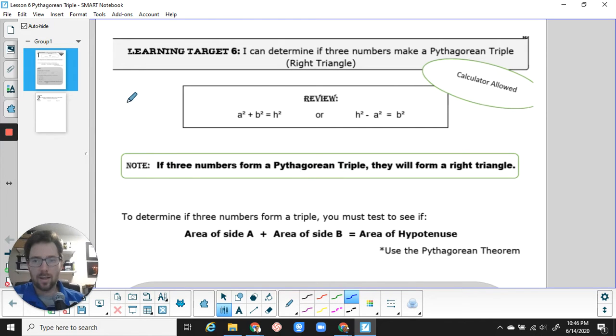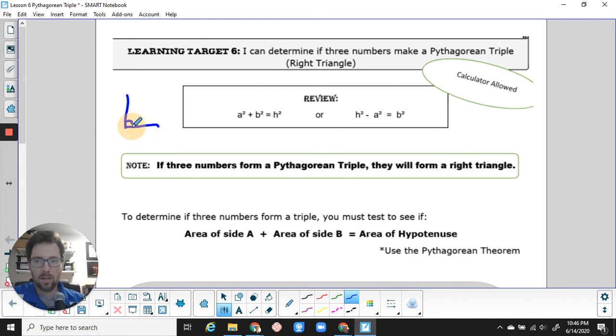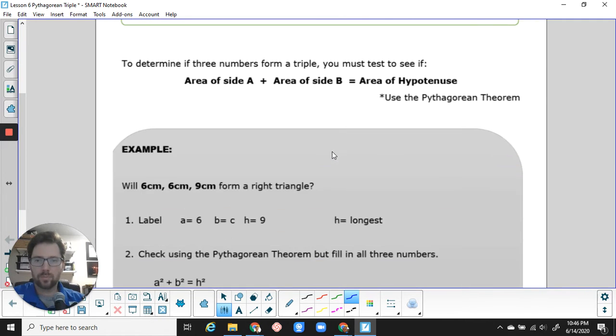So if we have a right triangle, we remember that we have a squared plus b squared equals h squared. If we can take these three numbers and put them into here and it works, it's going to create a right triangle. So let's scroll down a little bit.